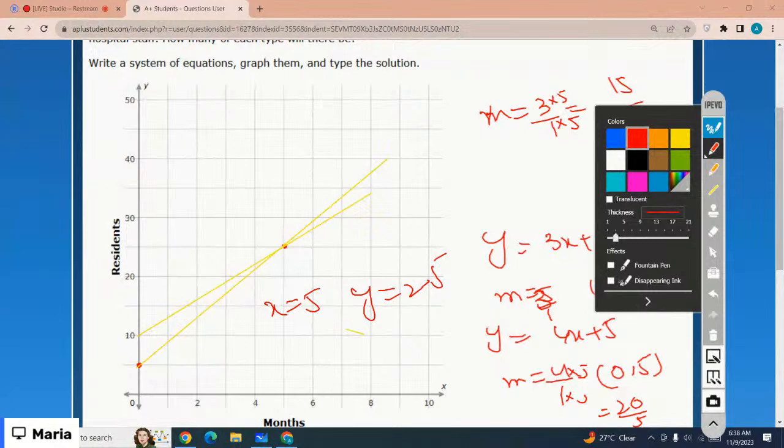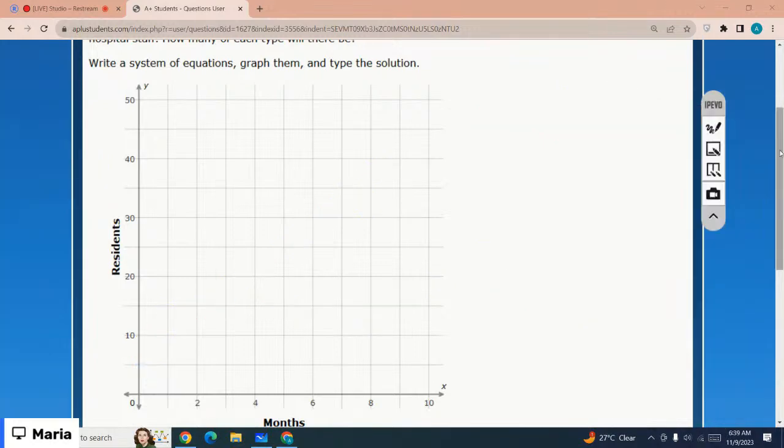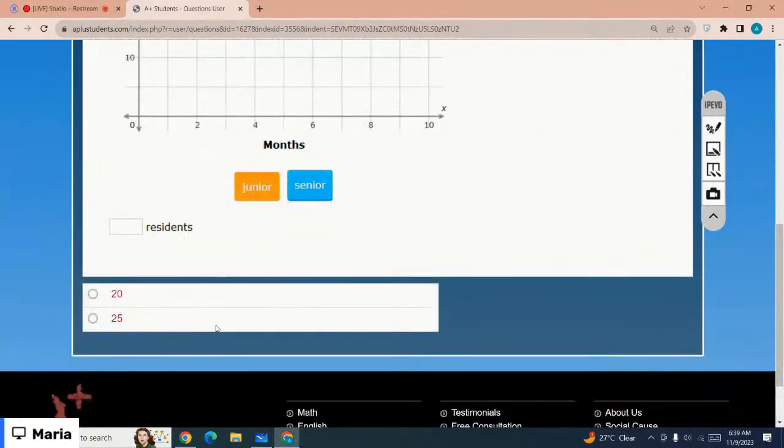Got it? So that means the solution of the system is x equals 5 and y equals 25. So the correct option is 25 residents, right?